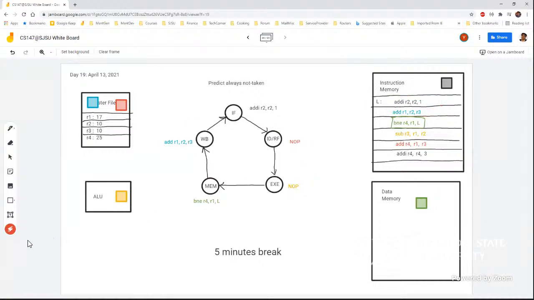So first we fetch the first instruction.